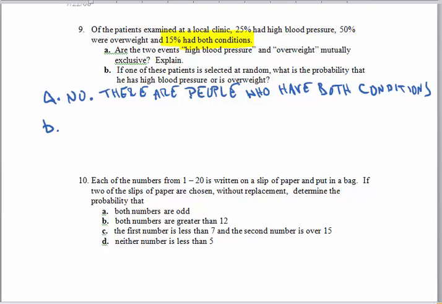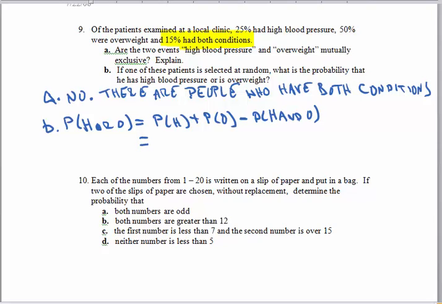So the idea of that is, if I want to find the probability that a patient selected at random has high blood pressure or is overweight, I would say the probability of H or O, meaning high blood pressure or overweight, would be the probability of high blood pressure plus the probability of being overweight, but then I have to subtract the probability that they have high blood pressure and are overweight.